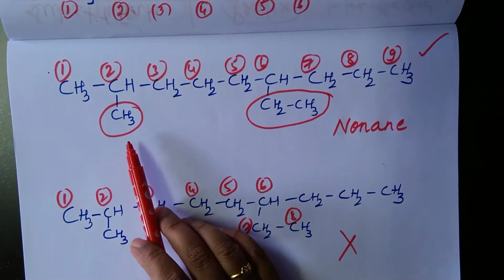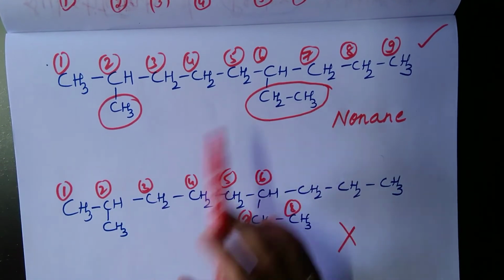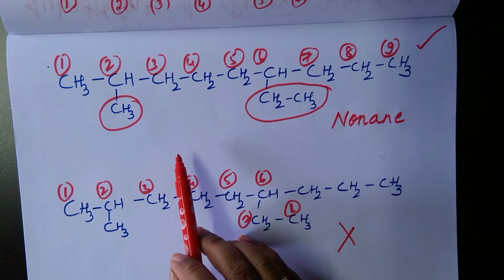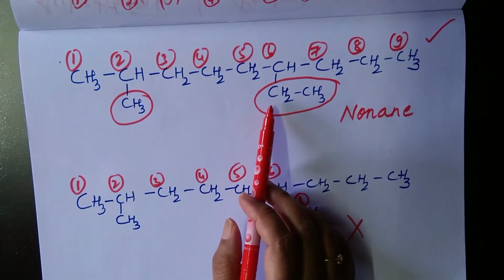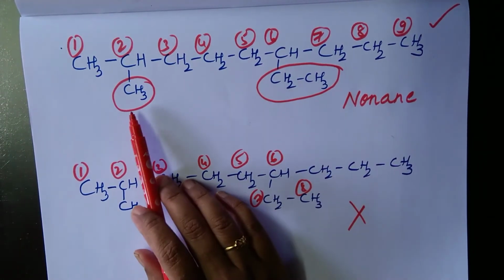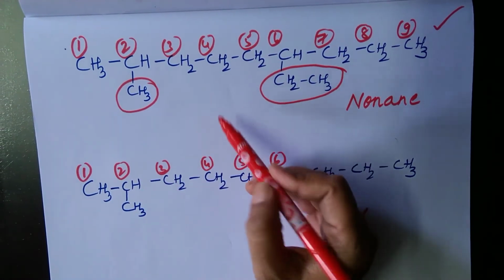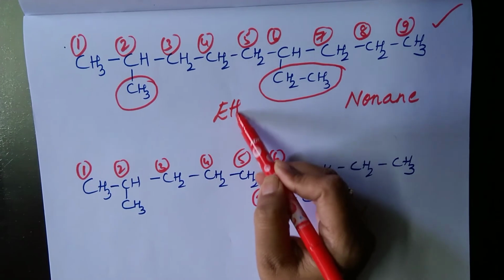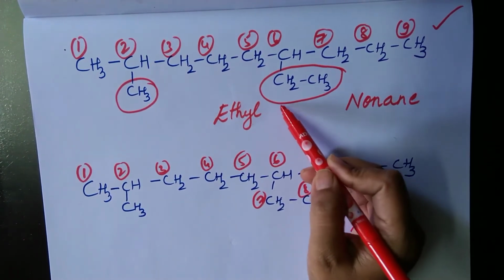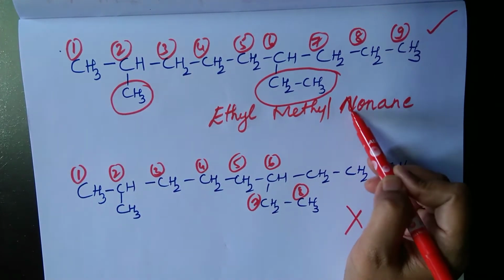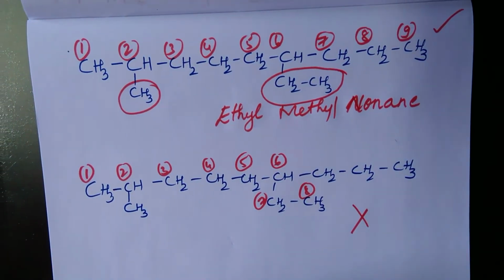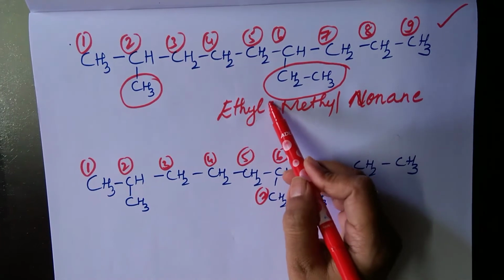So where are they situated? On carbon number 2 and 6. Now whom should I write first? Arrange them in alphabetical order. Ethyl, A, B, C, D, E comes first and then comes M. So I will write ethyl, and then methyl nonane, N should be small. Now where is your methyl group situated? On carbon number 2.